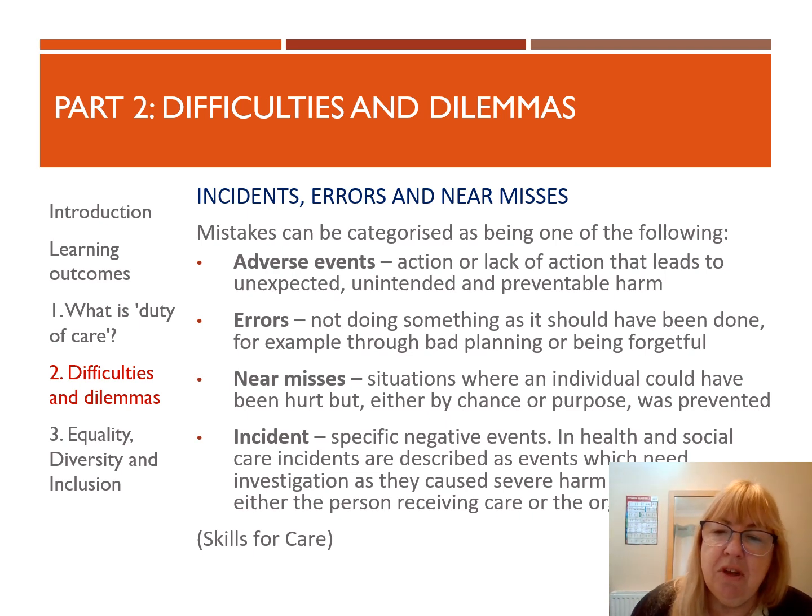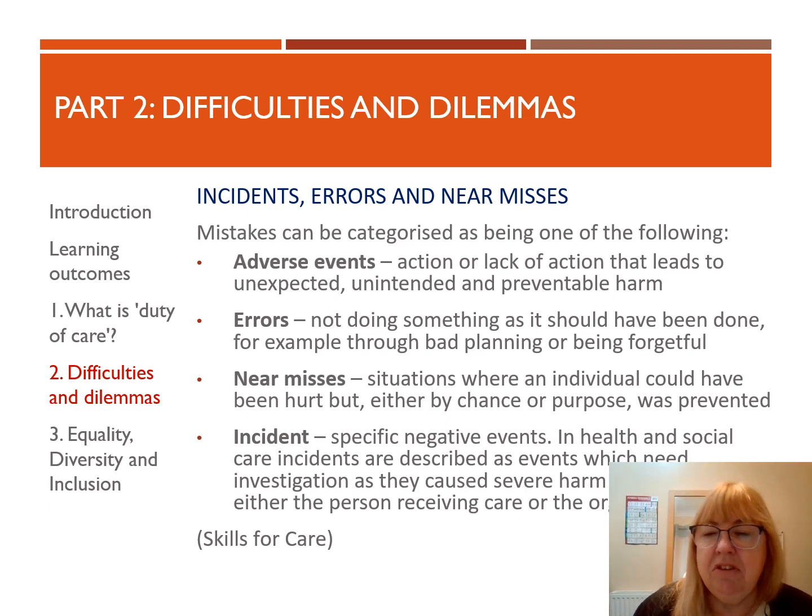Or errors, so not doing something that you should have done, or missing out a part of a process, or forgetting something. Forgetting to give someone their medication is probably one of the most common areas that ever gets documented. And when you do that, you must document it, because people need to know whether they've had their medication.